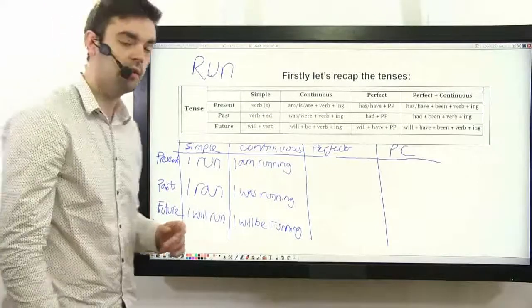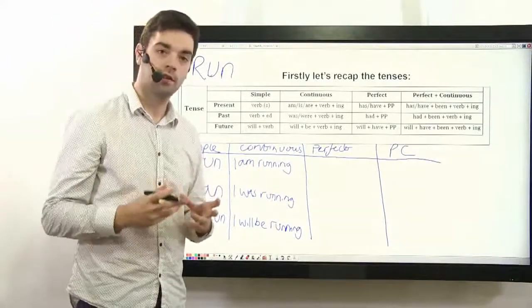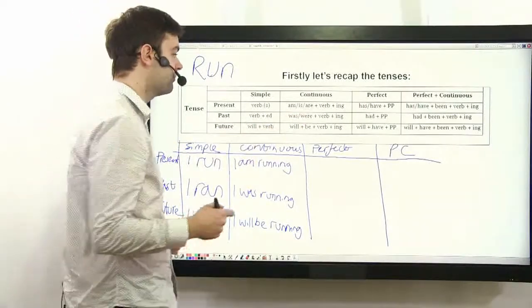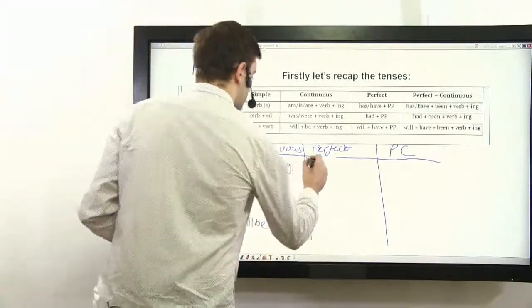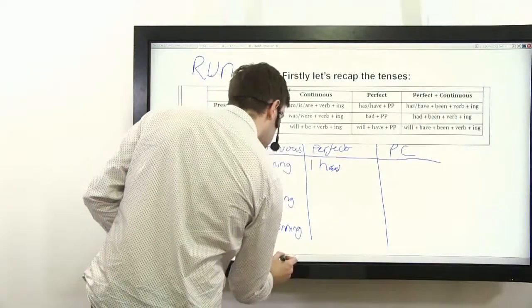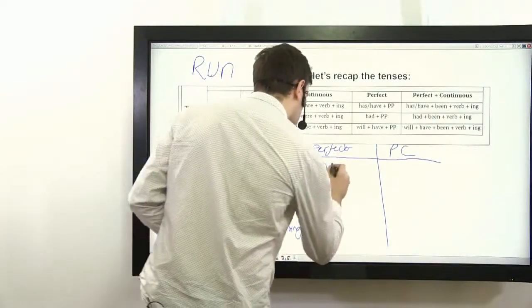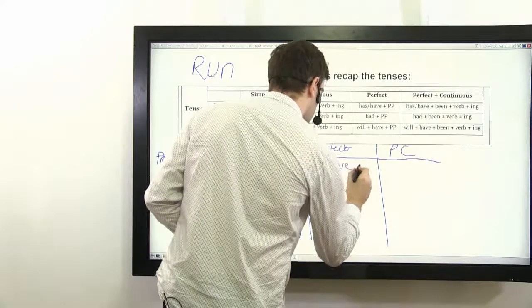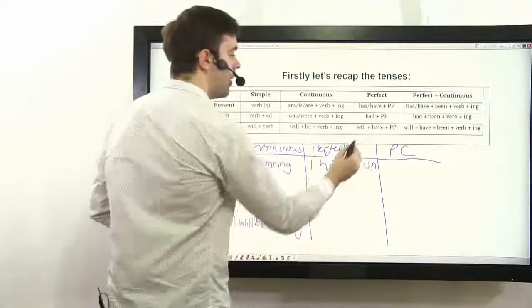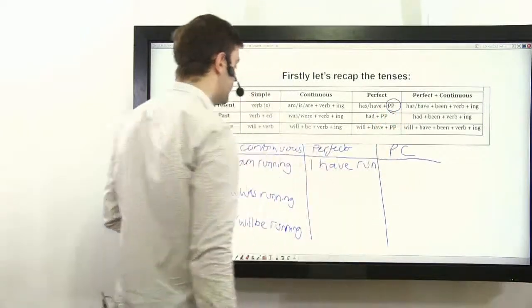We have the perfect tense when the actions are completed. So if the action is completed in the present, it's I have run. Remember, it's the past participle.